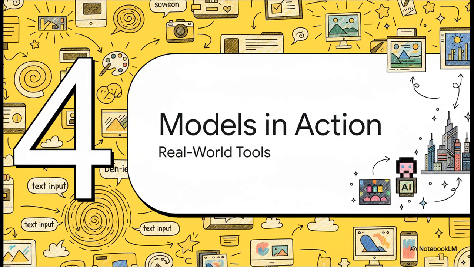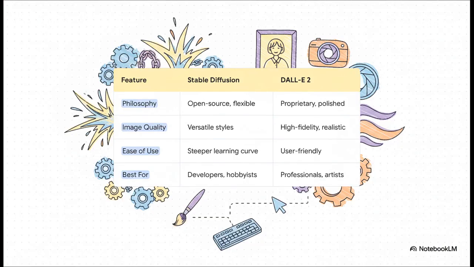So this incredible technology isn't just some theories stuck in a research lab. It's the actual engine powering some of the most popular AI image tools that we're all using today. So let's take a look at how this plays out in the real world. Two of the biggest names in the game right now are Stable Diffusion and DALL-E 2, and they have really different approaches.